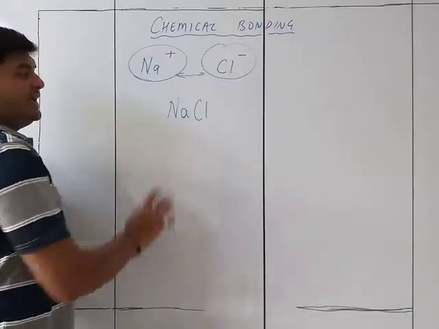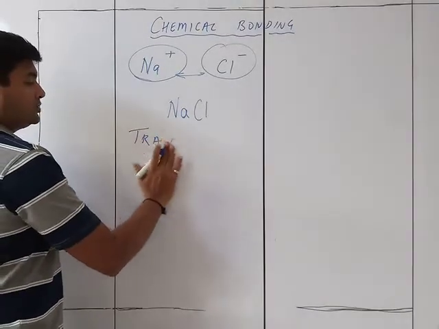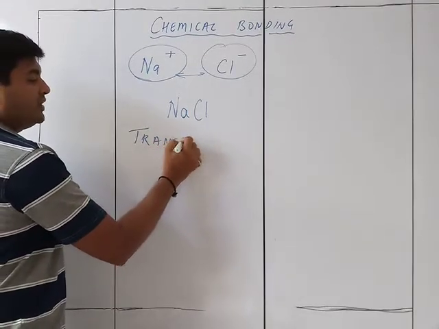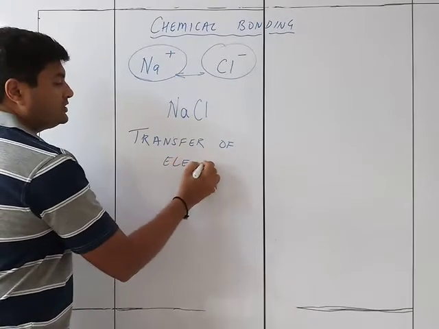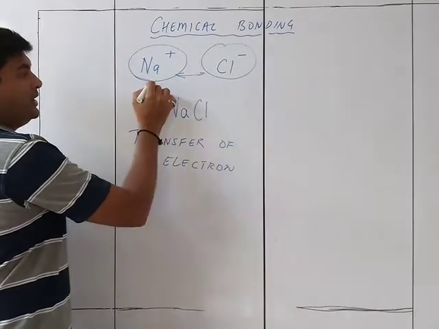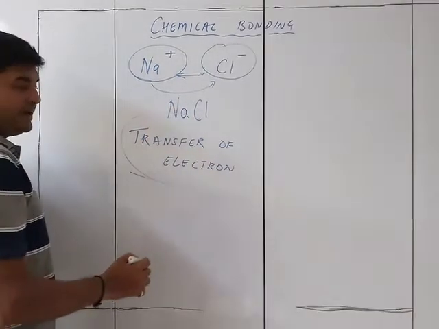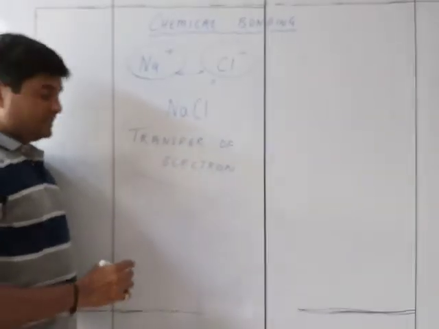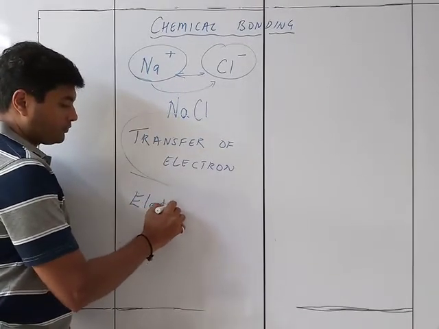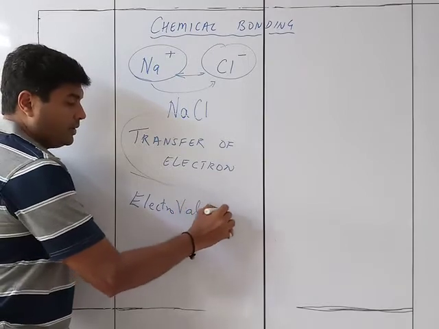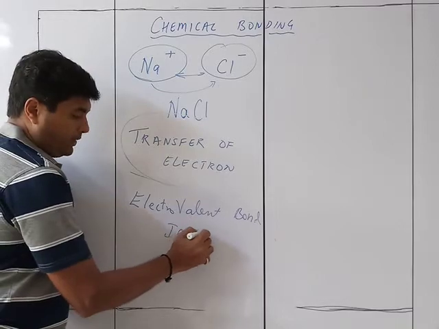So this has taken place due to transfer of electrons. Because the electrons have been transferred from here to here, this particular process has taken place, and hence this is called an electrovalent bond or ionic bond.